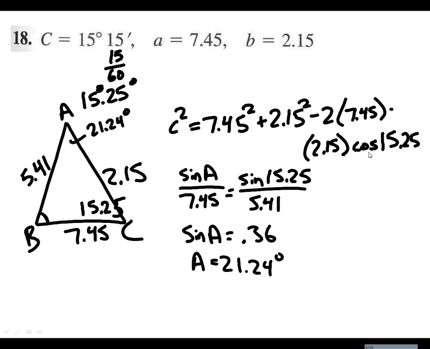So we have to think to ourselves, is there another possible angle in here? There certainly is. 180 minus 21.24 is our other possible angle, and we get 158.76. That's the angle we want to use.